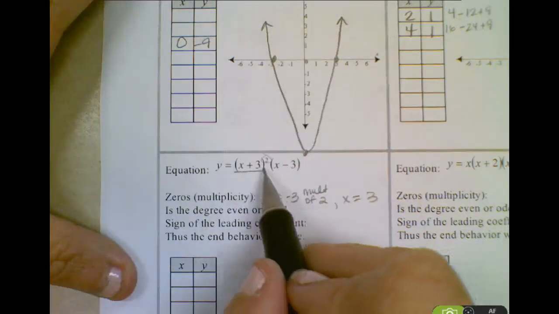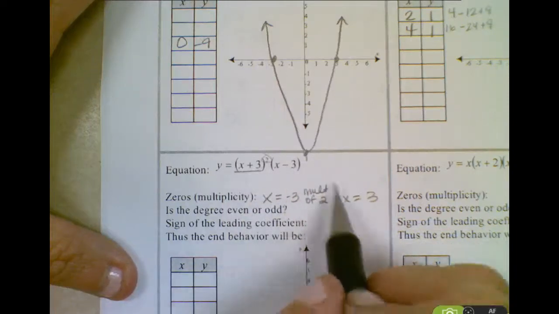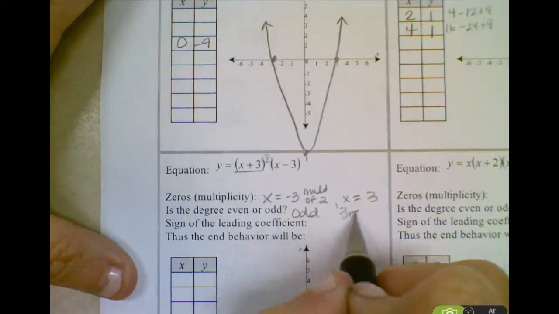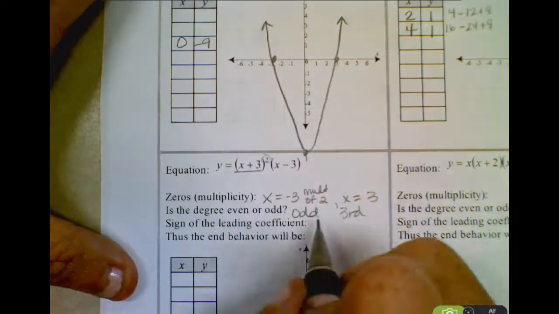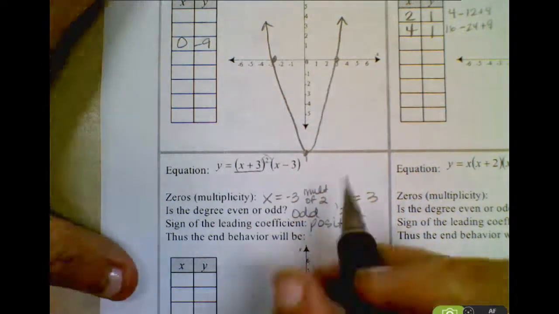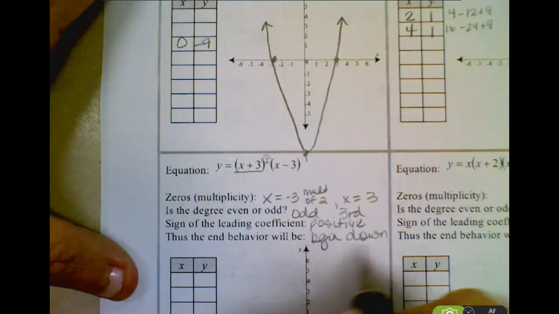The degree is, we have 3 factors, so it's an odd number, and it's a 3rd degree polynomial, so it's going to be our up, down, up. The leading coefficient is positive, so that means our end behavior is going to begin down and end up.